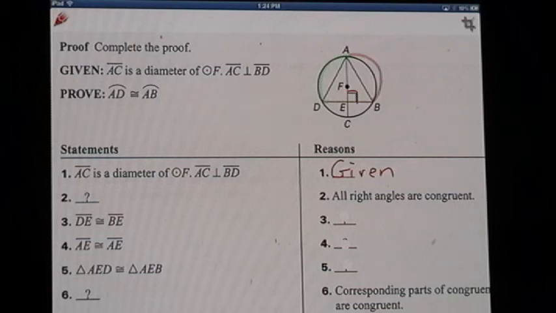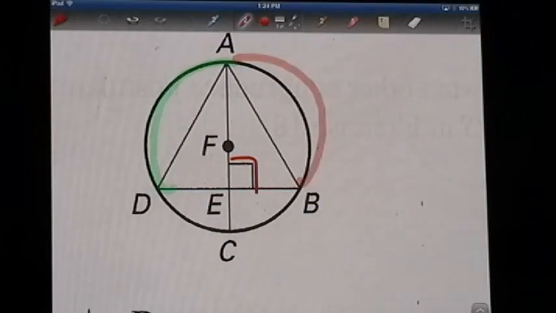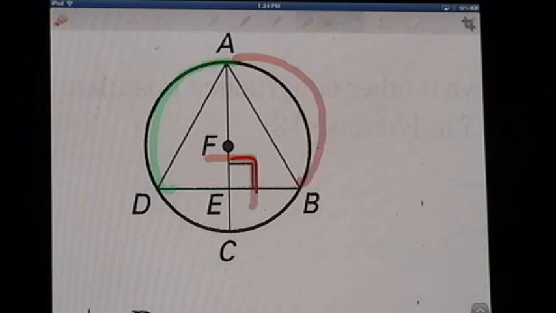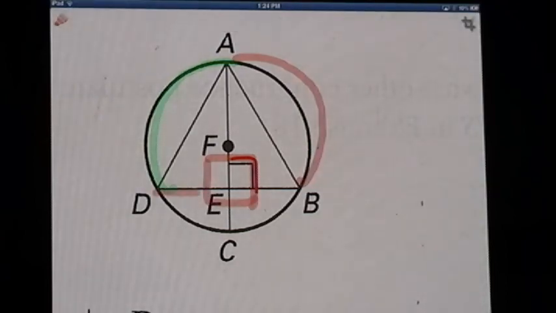Now, what's going to help us? What has to do with those arcs that has to do with all right angles are congruent? Well, I only see one right angle there, but if I look closely, I actually see there are 4 right angles here, and it's telling me all right angles are congruent. I've got this right angle here, but that has nothing to do with one of those arcs.